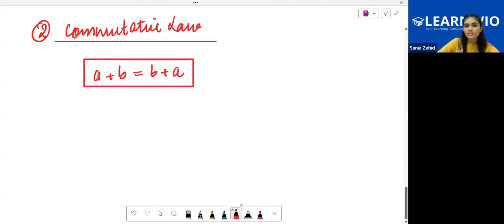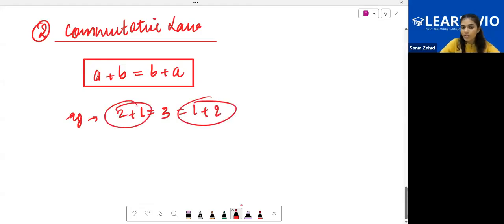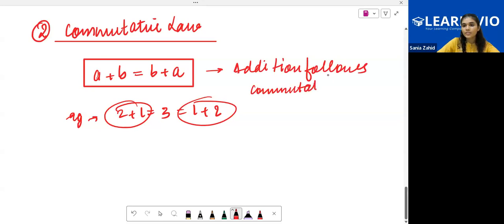Let's also consider an example. 2 plus 1 is 3 and 1 plus 2 is also 3. Even on reversing the order, I will get the same answer. So does addition follow the commutative law? Yes, ma'am. Addition follows commutative law.